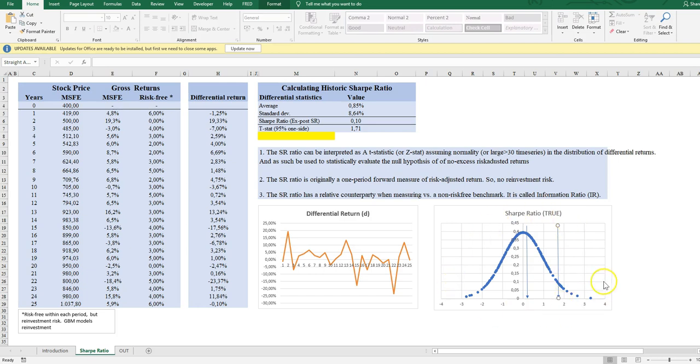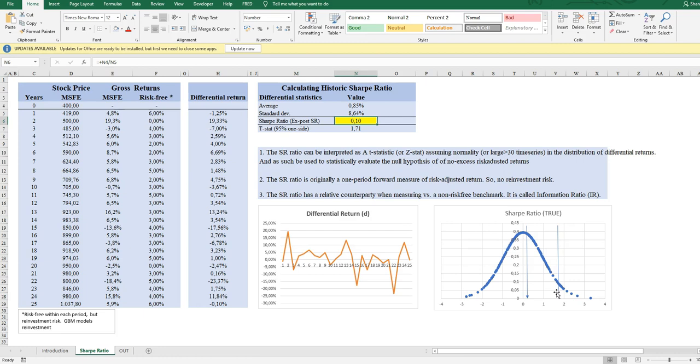So we test the result from the sample by putting it into the true population distribution, in this case the t, and we test it, and we can see, yes, you have delivered a positive average return of 0.85, you have delivered a positive Sharpe ratio, but we cannot exclude that this could be due to pure chance.